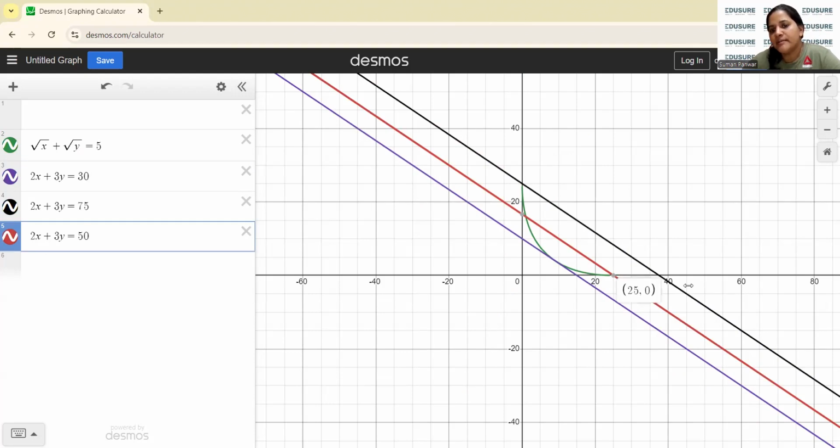So you can see that the maximum value of 2x plus 3y satisfying the constraint root x plus root y equals 5 is occurring at (0, 25), and the minimum value is occurring at (9, 4). So the tangential point corresponds to the minimum value, and the end point, the boundary point (0, 25), corresponds to the maximum value.